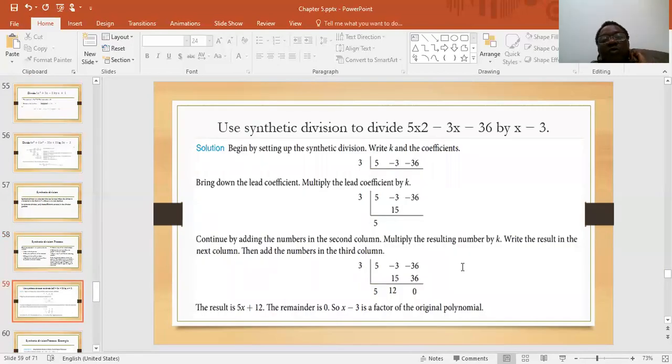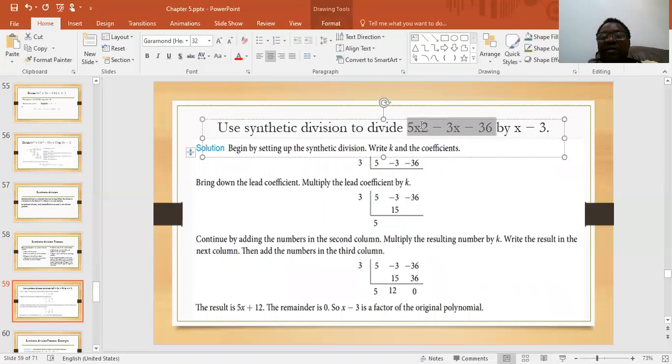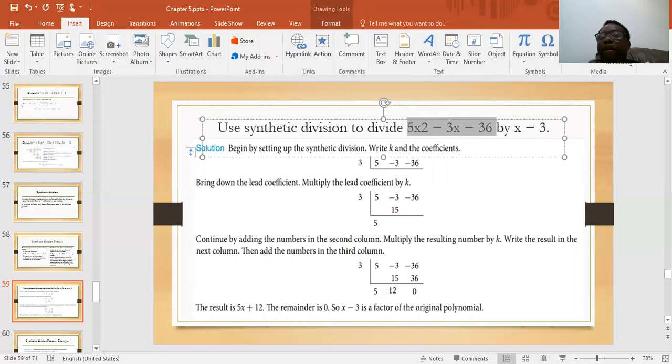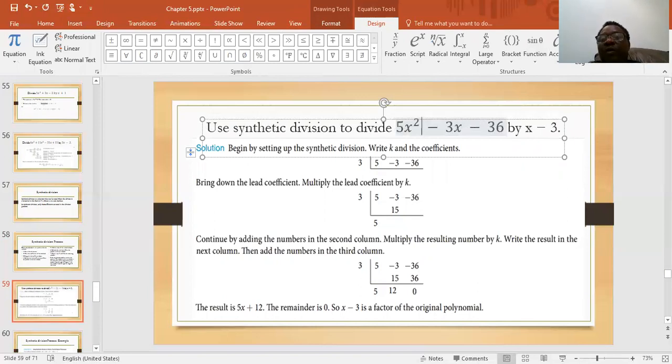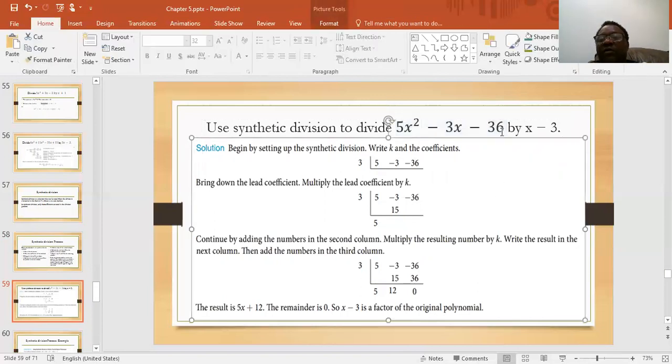So for example, if we want to divide 5x squared minus 3x minus 36 by x minus 3, then we will take k equals 3. Remember, we are dividing by x minus k. Here is x minus 3, k equals 3. So we place 3 here, and then the coefficients of the polynomial, 5, minus 3, minus 36.